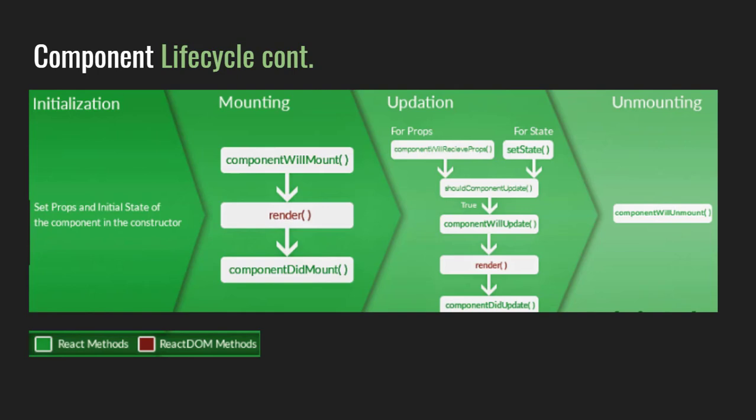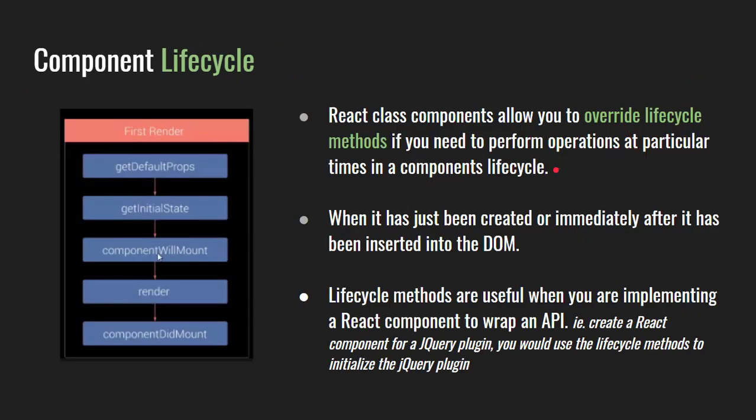And then there's something called update. For props and for setState, there's something called componentWillUpdate. And then when it updates, it renders, and then it says it did update. So when state is about to change, when it renders, and when state did change. And then finally, when we're going to leave this component, we have something called unmount.